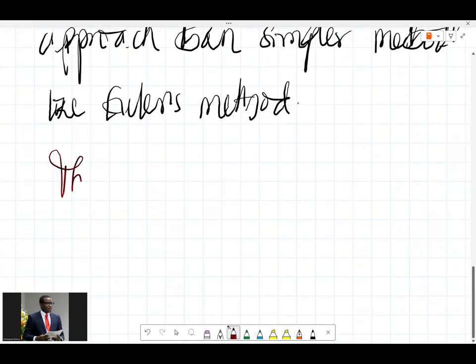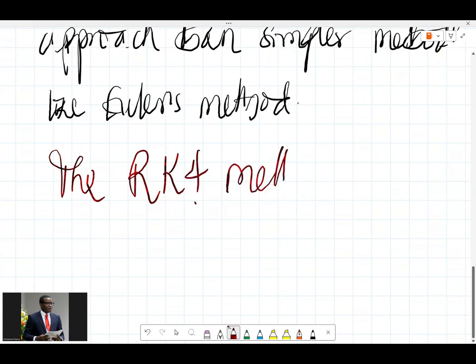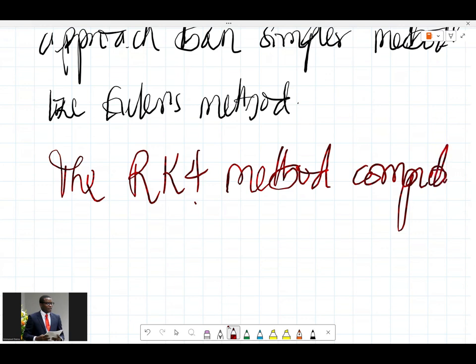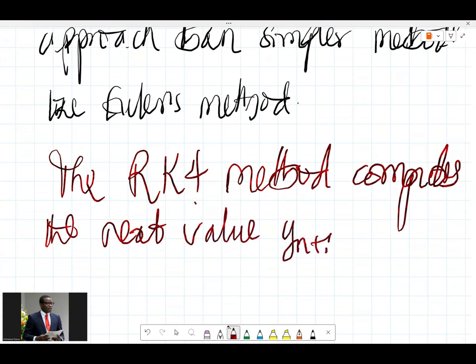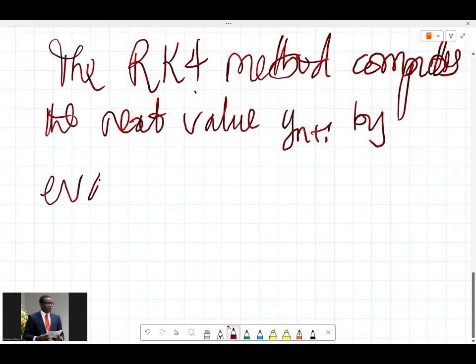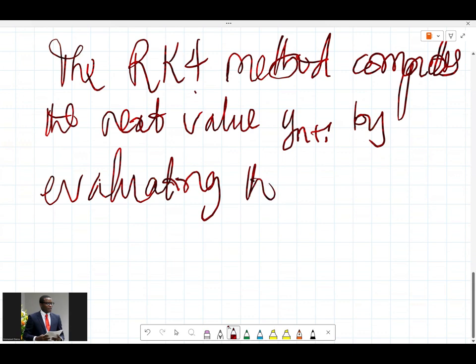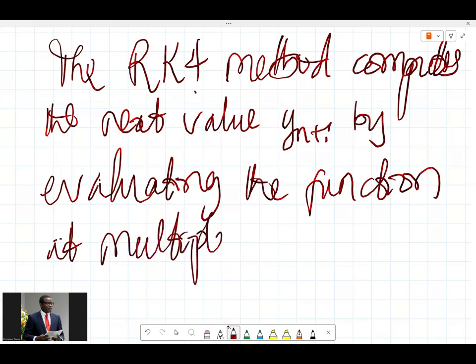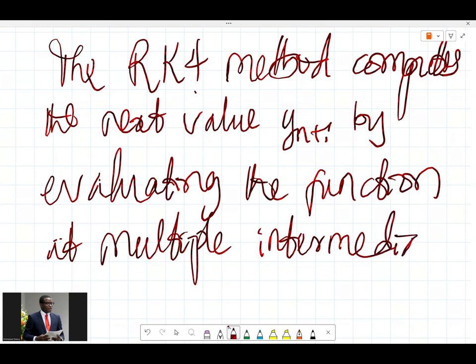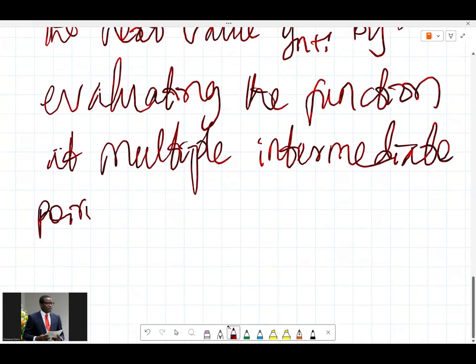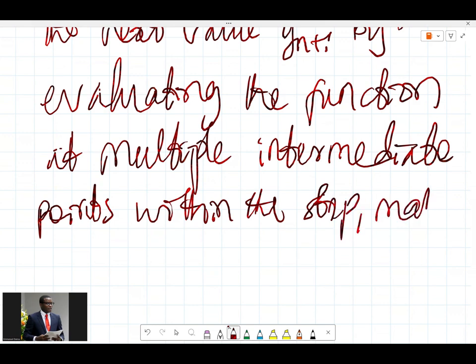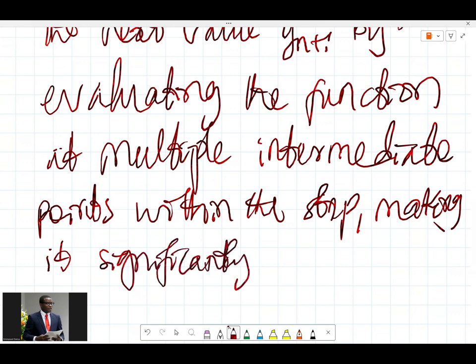Now, the RK4 method computes the next value, yn plus 1, by evaluating the function at multiple intermediate points within the step, making it significantly more accurate.